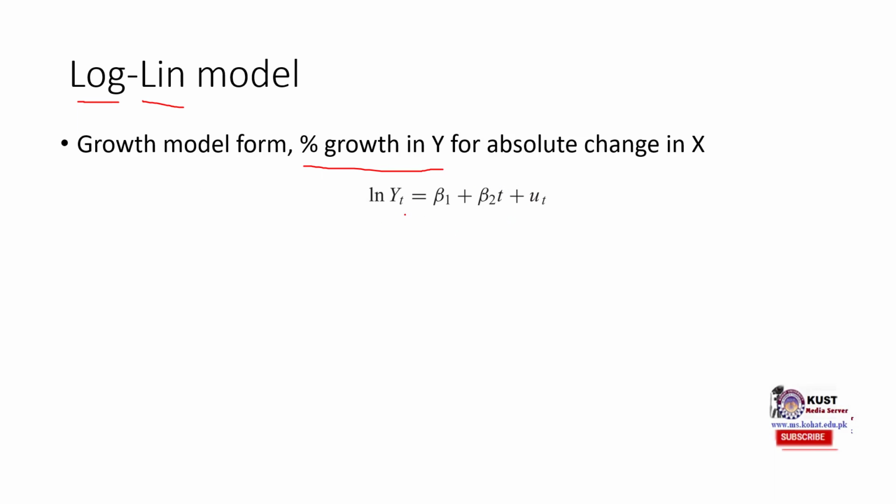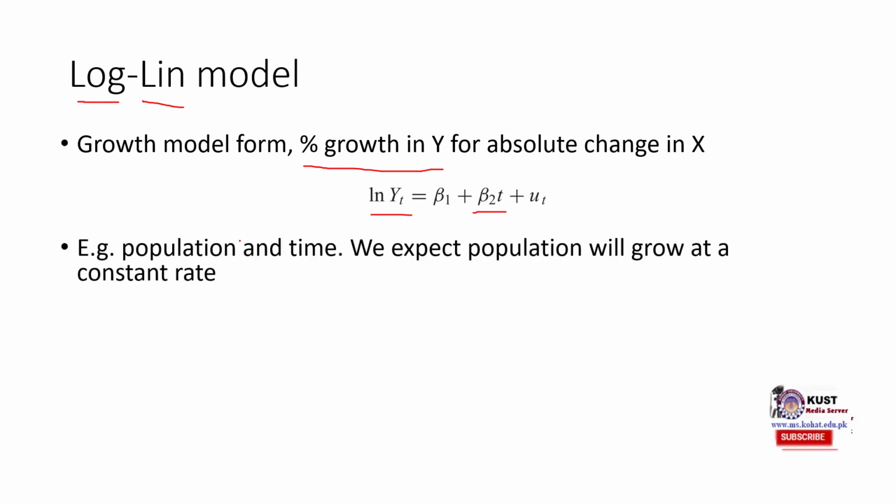As you can see, the dependent variable is in log form, whereas the independent variable is not in log form. So for example, the regression of population over time would give us the growth in the population over time.